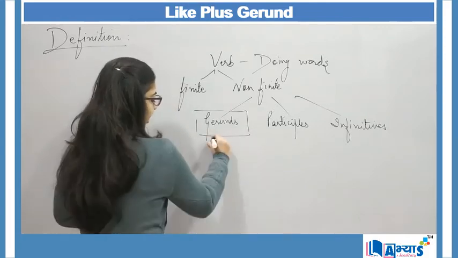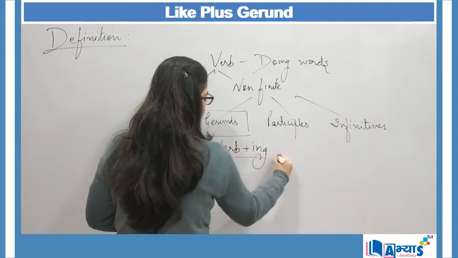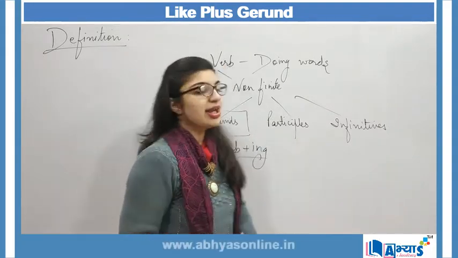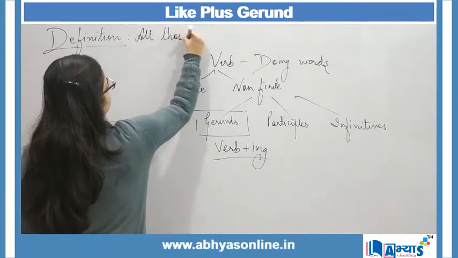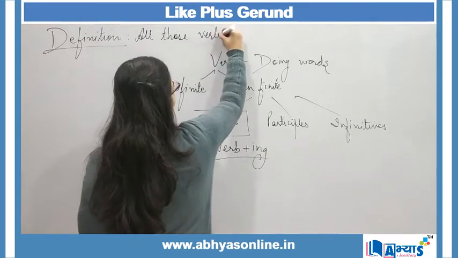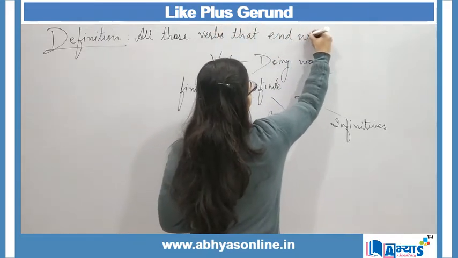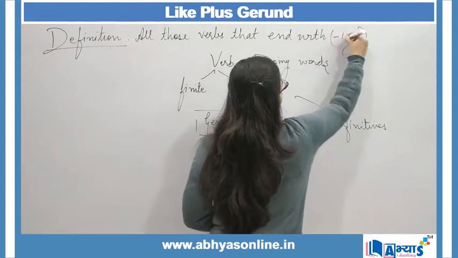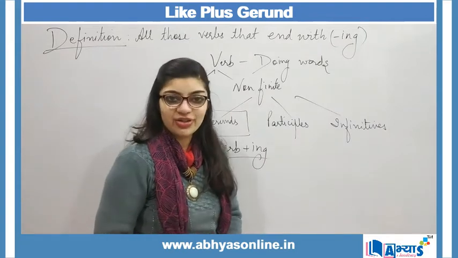So gerunds are defined as verb plus ing. So when we come to the definition of gerunds, we will say that gerunds are all those verbs that end with ing. So it is basically verbs plus ing, they are defined as gerunds.